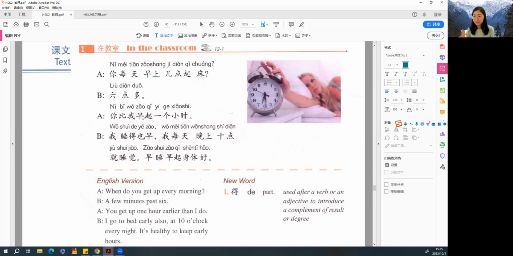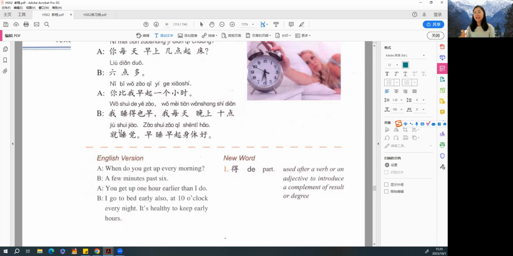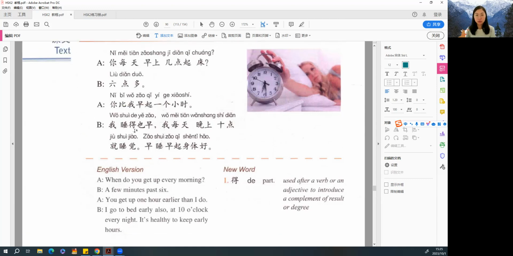You are earlier than me, and then we can add a lot of details. So here is 你比我早起1个小时. You are 1 hour earlier than me to wake up. And then B explained, 我睡得也早.